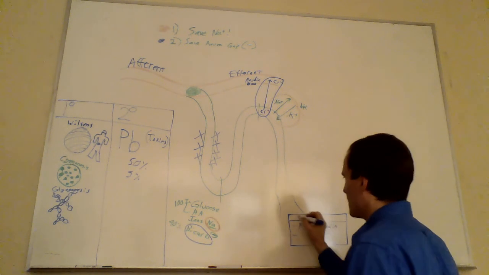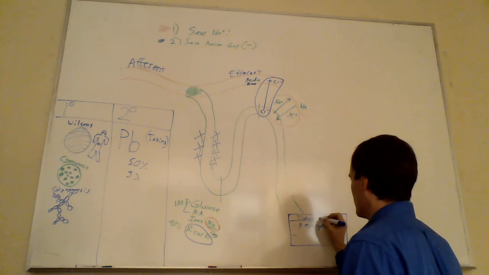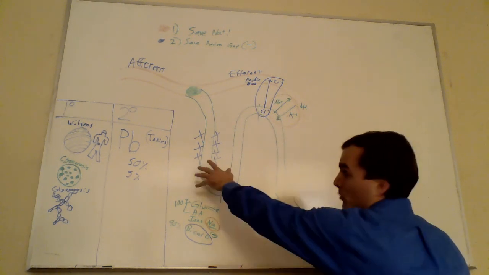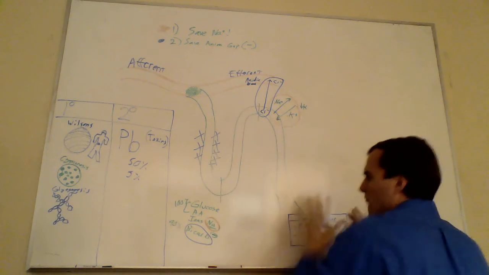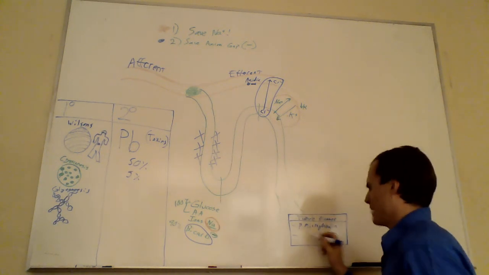If it is in the urine, that means we have a tubule disease. And it could be proximal tubule, it could be all tubules. Either way, this is kind of a general one.